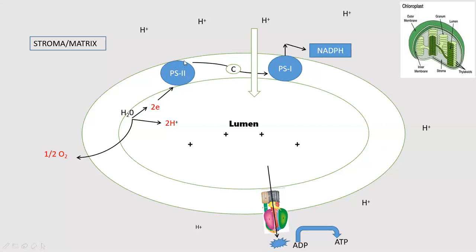When PS2 gives the two electrons to PS1, PS2 is again missing two electrons. These missing electrons are fulfilled by the water molecule. In the presence of sunlight, the water molecule splits into 2 electrons, 2 hydrogen ions or protons, and half an oxygen molecule.